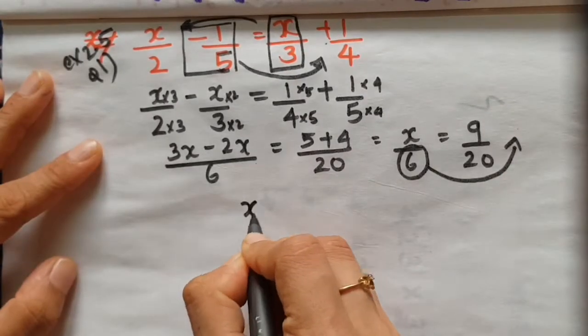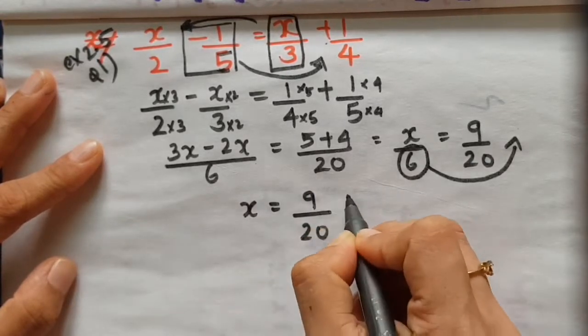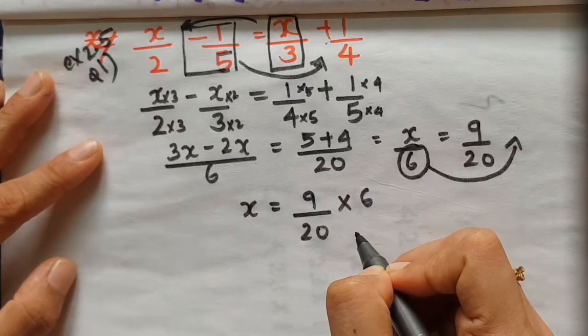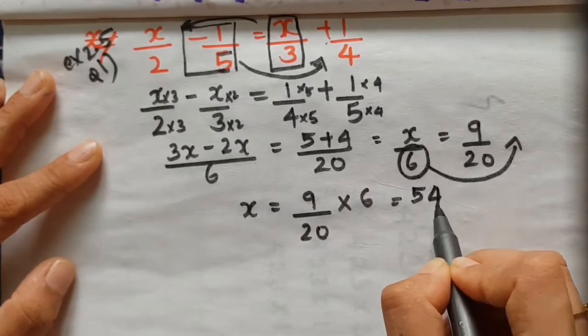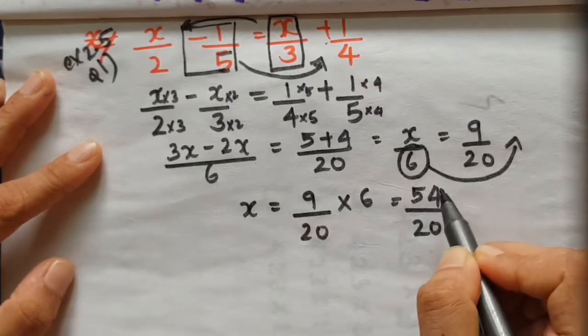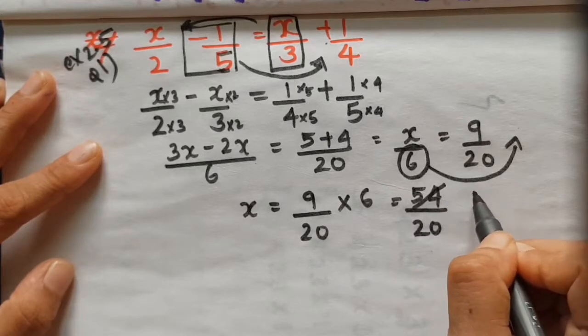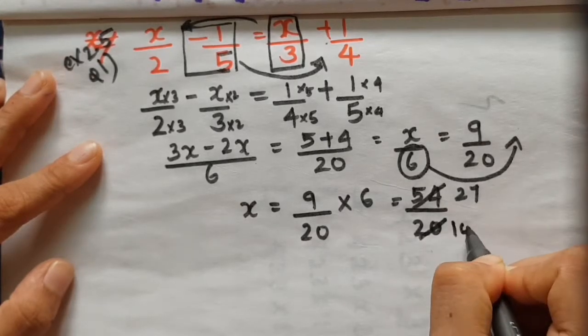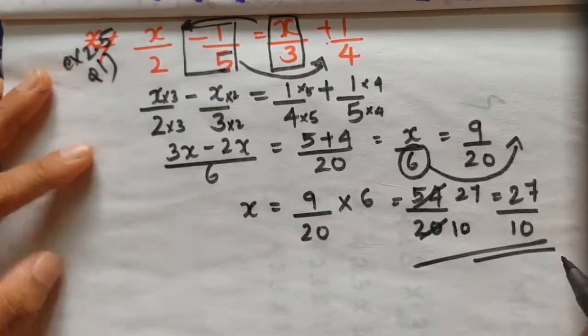So x is equal to 9 by 20 times 6. Now solving it further, what will we get? 54 by 20. So if you divide it by 2 times table, you will get 27 by 10. So the answer is 27 by 10.